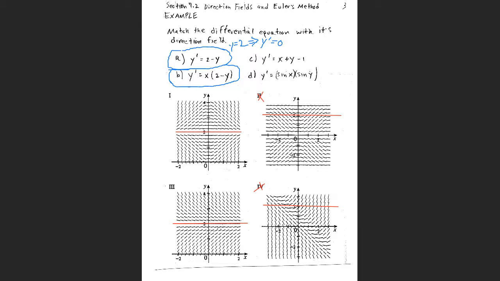So for B, when x equals 0 or y equals 2, that's going to imply for B that y prime equals 0.